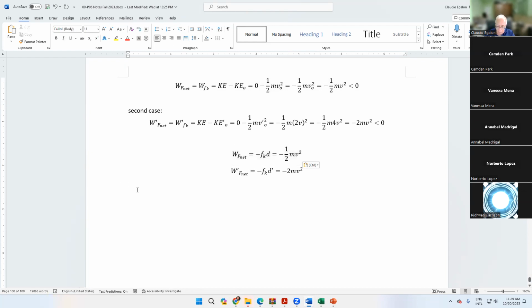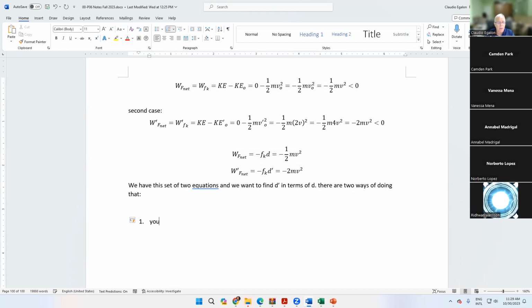We have this set of two equations, and we want to find d prime in terms of d. There are at least two ways of doing that.